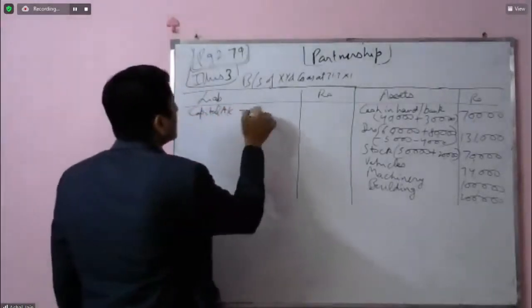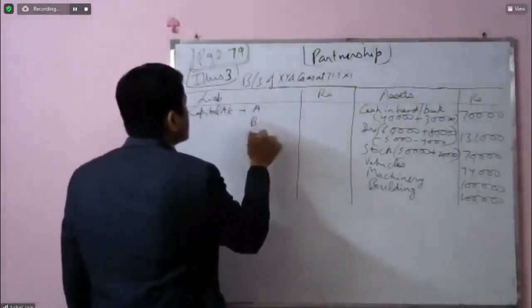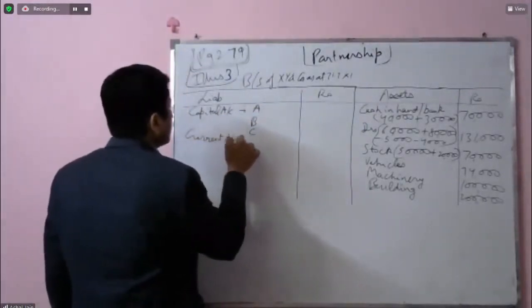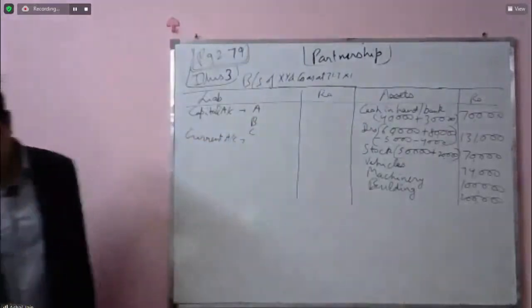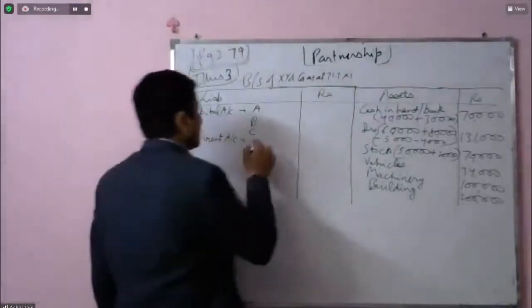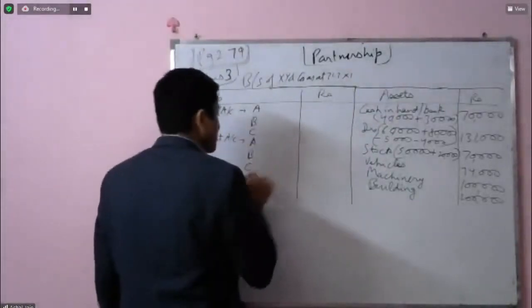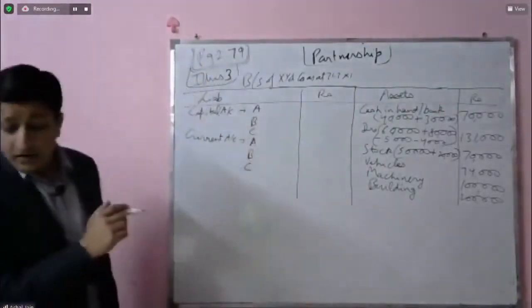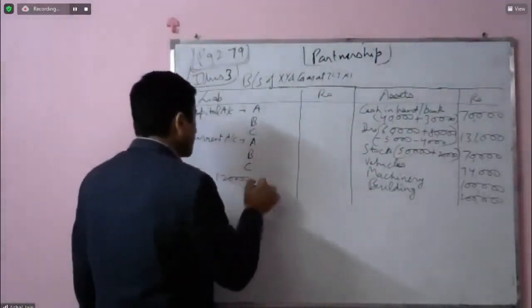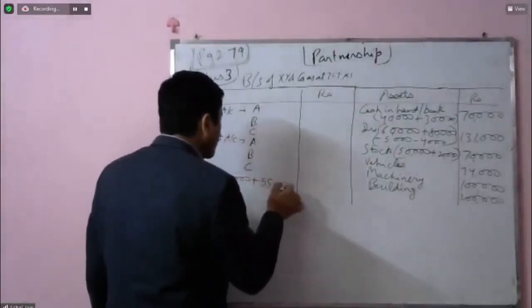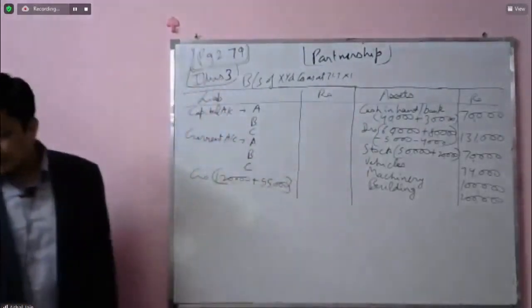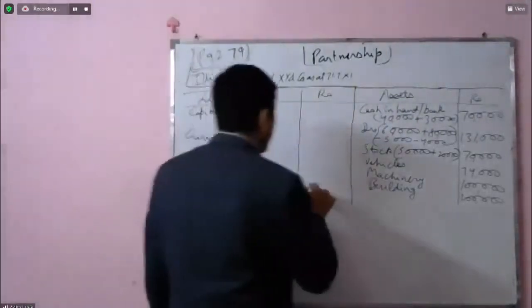Capital account A, B, C. Current account, once again A, B, C. Creditors would be 1,20,000 plus 55,000, so this would become 1,75,000.